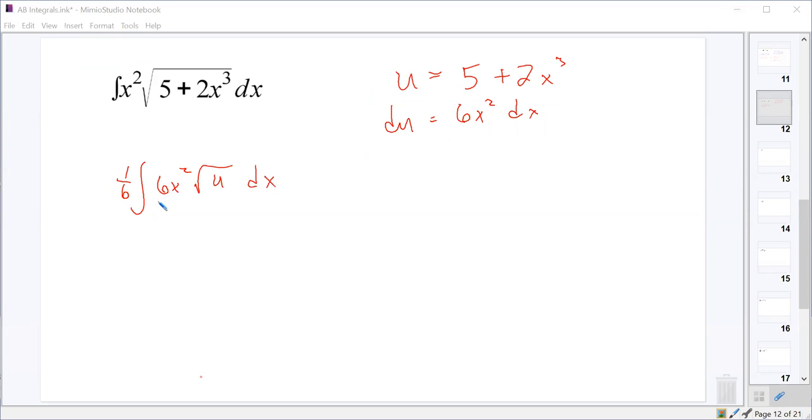And we should see the 6x squared dx right there become du.